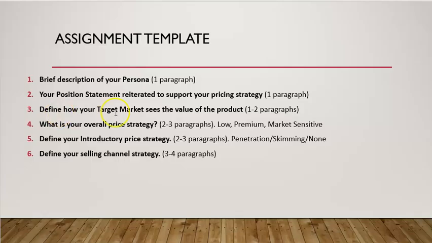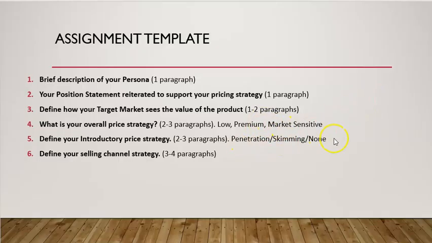You want to define how your target market sees the value of the product. You considered that when you were actually creating the product in the last milestone. What's your overall pricing strategy? Two to three paragraphs to describe which one you're going to choose, low, premium, or market sensitive. Define how you are going to apply it, and what the pluses and the minuses are of your choice. Define your introductory price strategy.